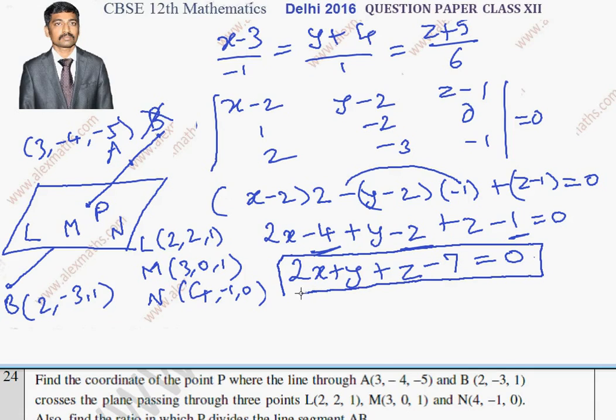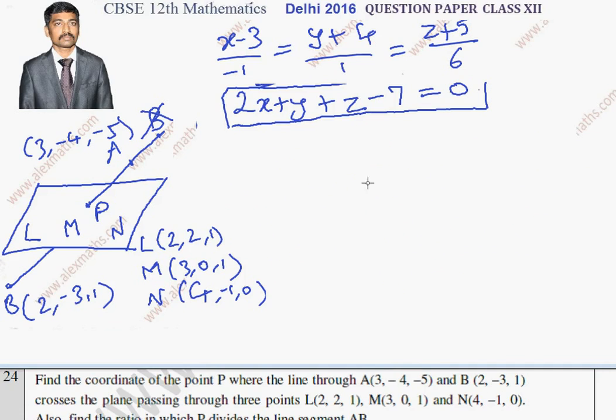So we got the equation of the plane and the equation of the line separately. Now we have to find the meeting point. For finding the meeting point, let us take this point P as x1, y1, z1. This point P is a point on the line as well as a point on the plane.